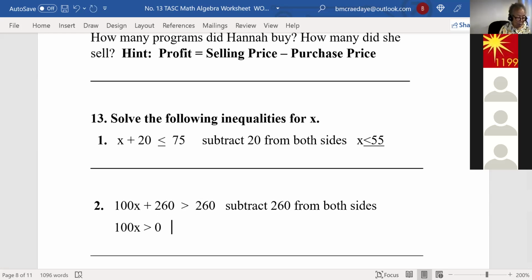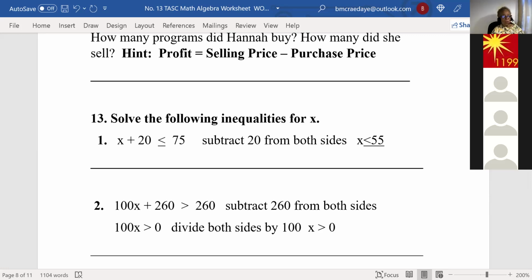And then you divide both sides by 100. So then your answer would just be X greater than 0. That's your answer.